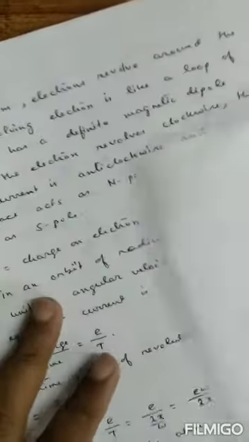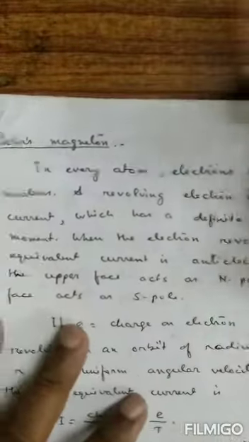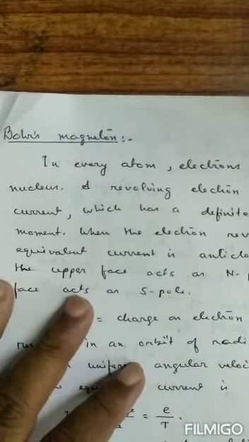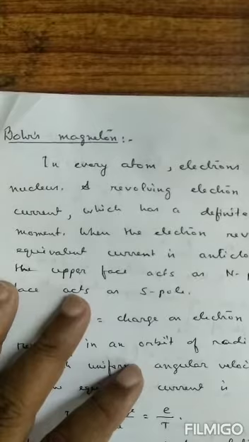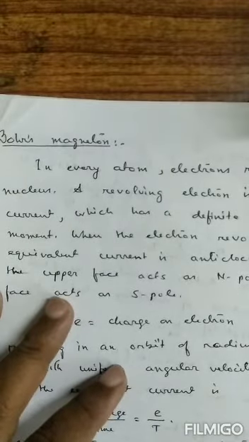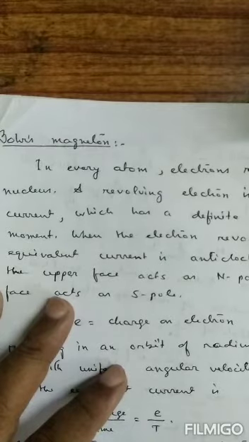Hello, today we are going to discuss the Bohr magneton. We know that in every atom, electrons revolve around the nucleus.